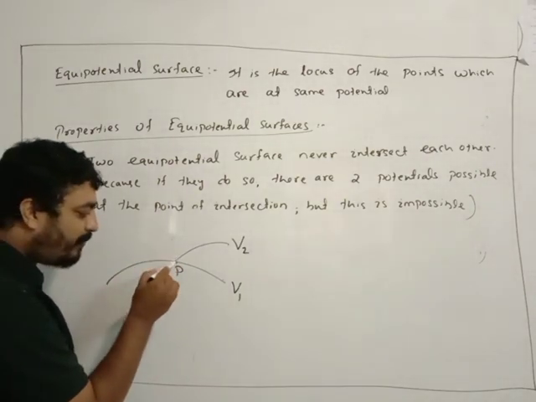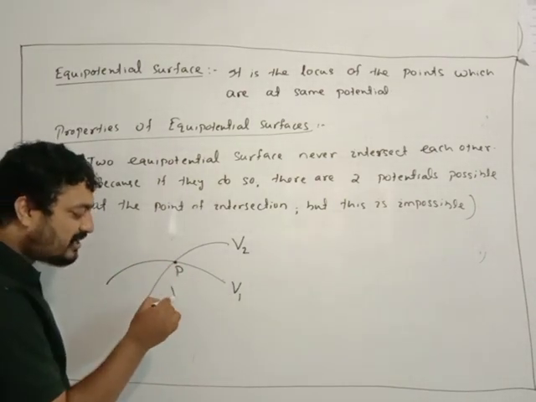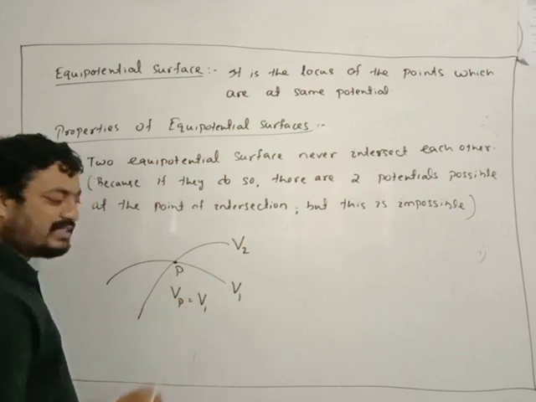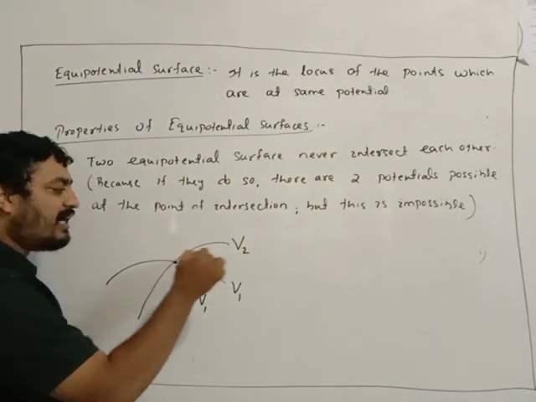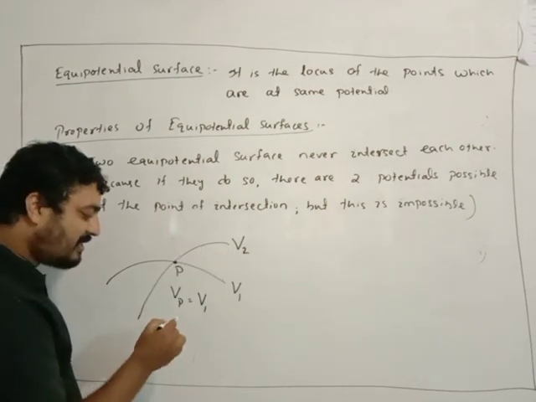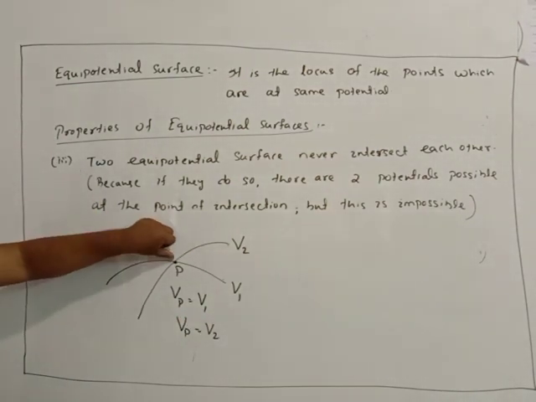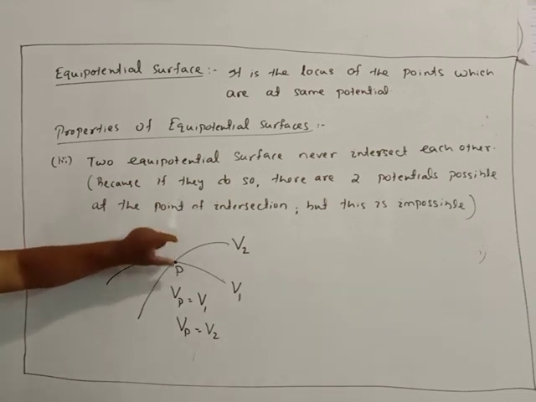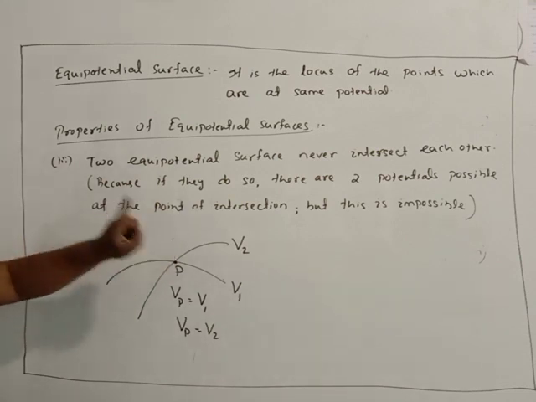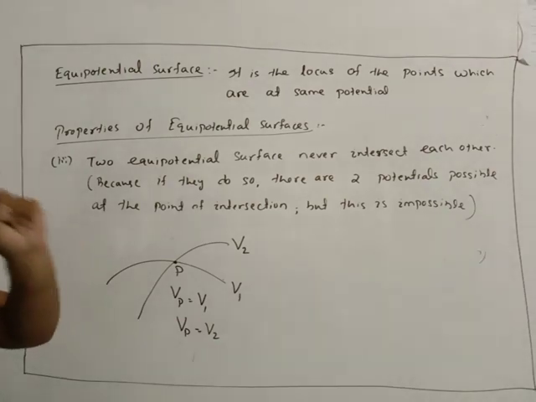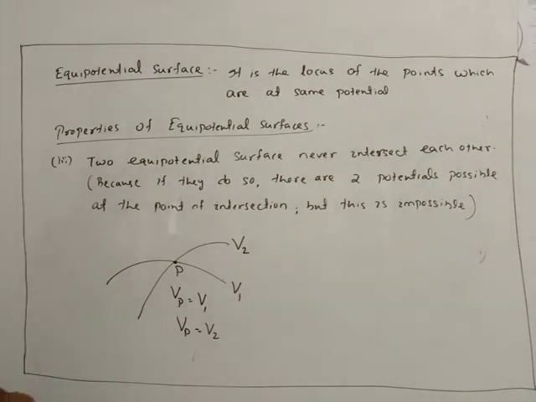Now, point P is on the first surface, so it has a potential V1, as well as it is on the second surface, so it has a potential V2. That means one point has two potentials. But this is an impossible concept because every point always has a single potential. So, two equipotential surfaces can never intersect each other.